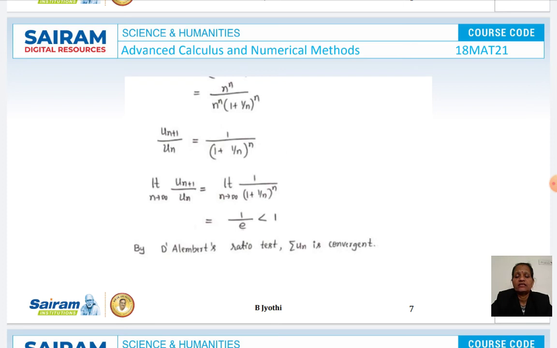We get limit of un plus 1 divided by un is equal to limit of 1 divided by 1 plus 1 by n to the power of n, which is equal to 1 divided by e, which is less than 1. By D'Alembert's ratio test, the summation un is said to be convergent. This is how we can test the results for various problems.